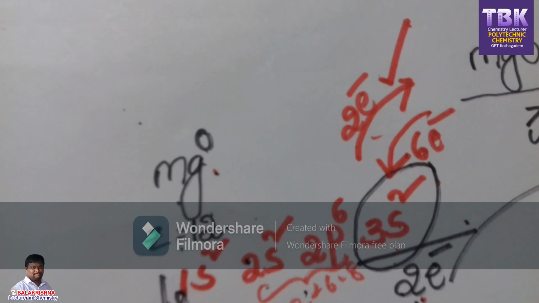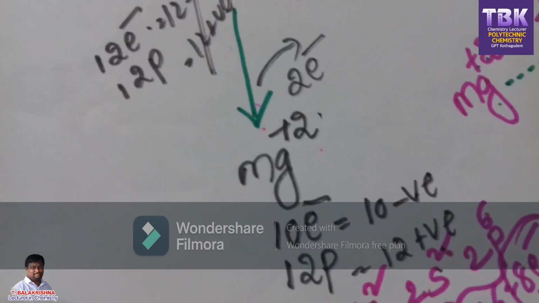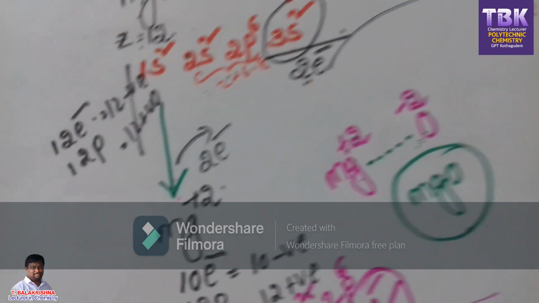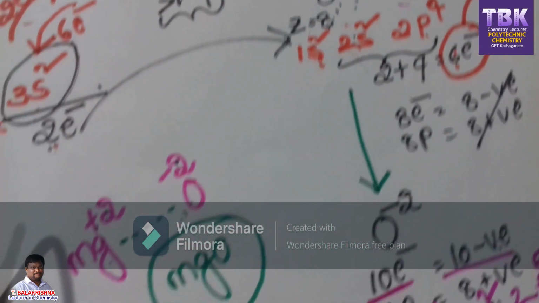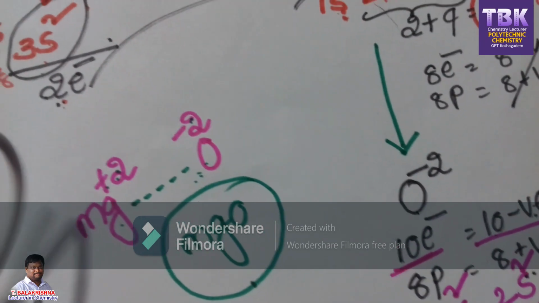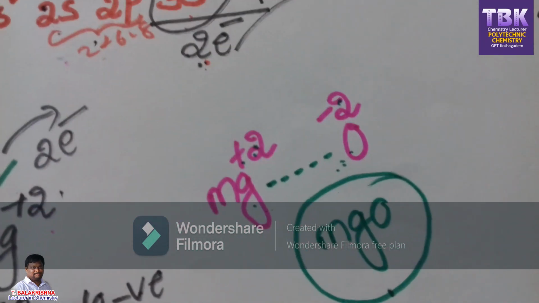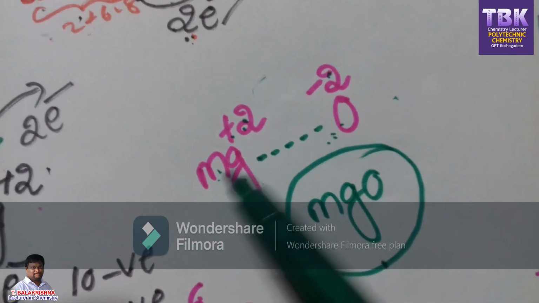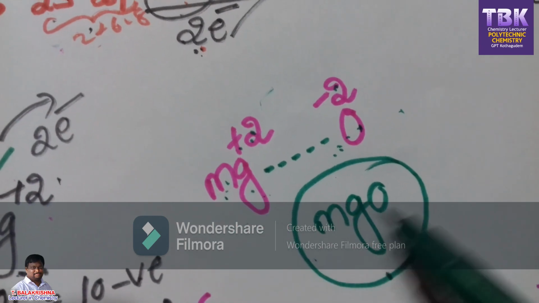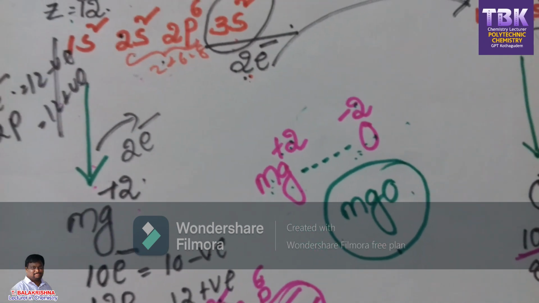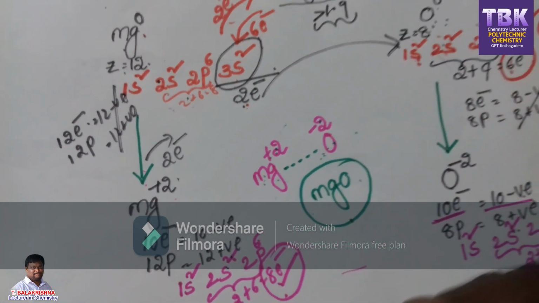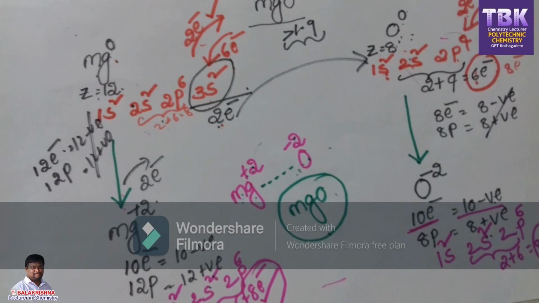The metal is converted into a cation, a positively charged ion, and the non-metal oxygen is converted into a negatively charged anion. That is the second step. The third step is association of opposite charges. They combine with each other and produce magnesium oxide. Crisscross method, you know. So this is the formation of magnesium oxide.